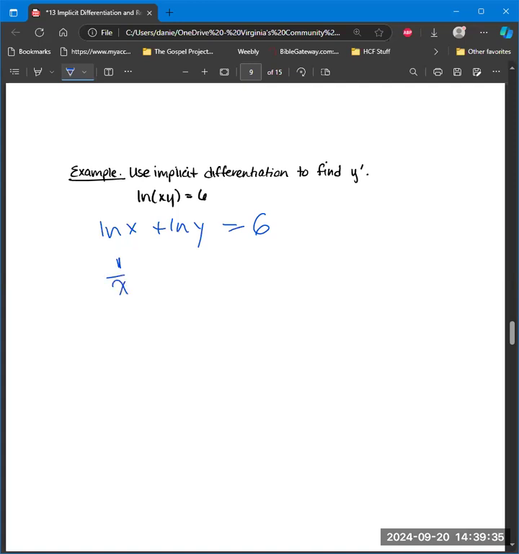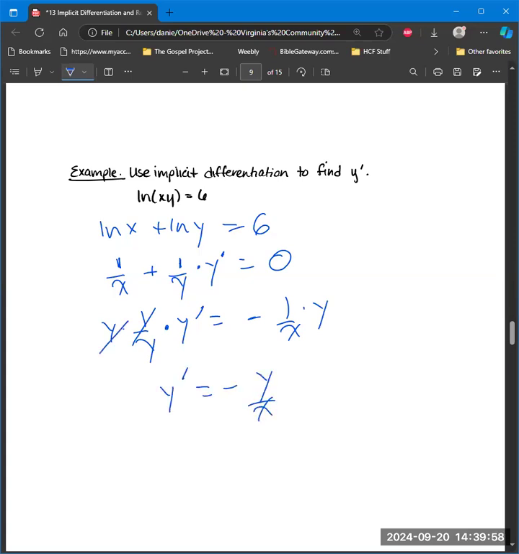Now I can deal with this derivative explicitly and this derivative implicitly. And that's 0. 1 over y times y prime is equal to a negative 1 over x. Multiply both sides by y. y prime is a negative y over x.